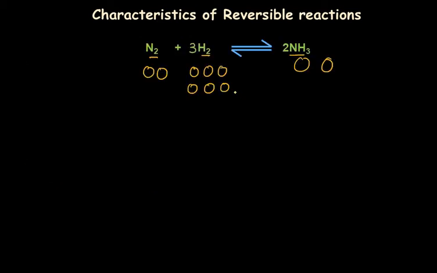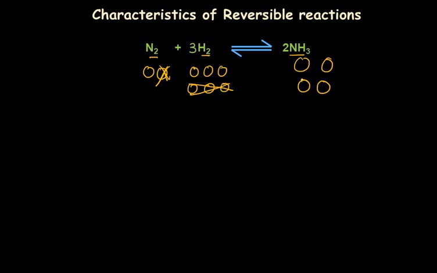So let's have a look at the same example again. Here some molecules of nitrogen, hydrogen and ammonia are already present at equilibrium. The reaction has already started and it's dynamic. Both ways it is happening. Now suppose at this position, one molecule of nitrogen reacts with some molecules of hydrogen to form some molecules of ammonia.